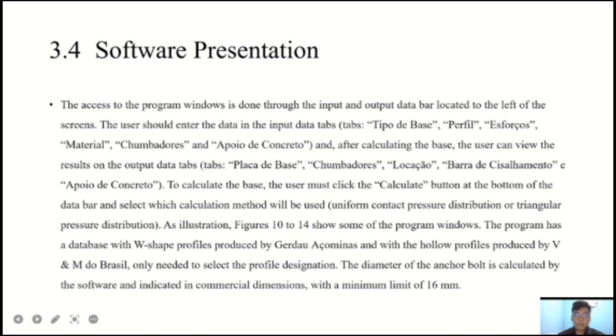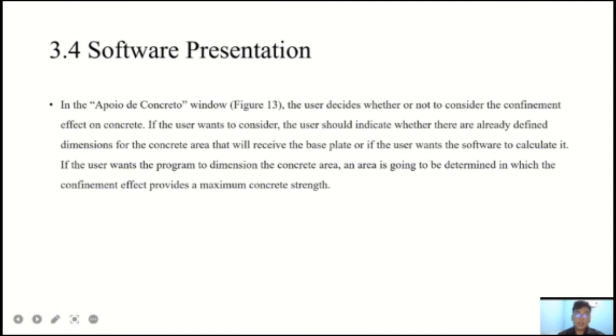So, next, 3.4 software presentation. In the Apoio de Concreto window, figure 13, the user decides whether or not to consider the confinement effect on concrete. If the user wants to consider it, the user should indicate whether there are already defined dimensions for the concrete area that will receive the base plate, or if the user wants the software to calculate it.